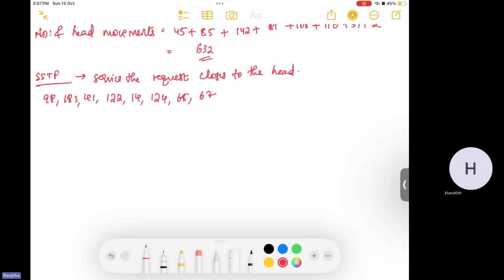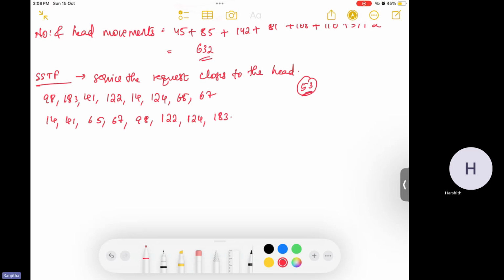With SSTF, it's easy to sort them: 14, 41, and so on.